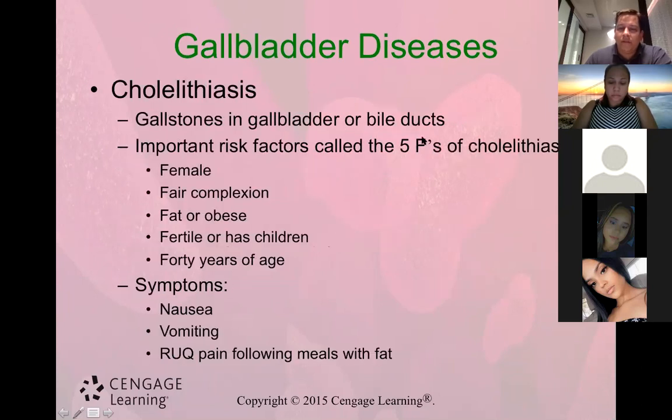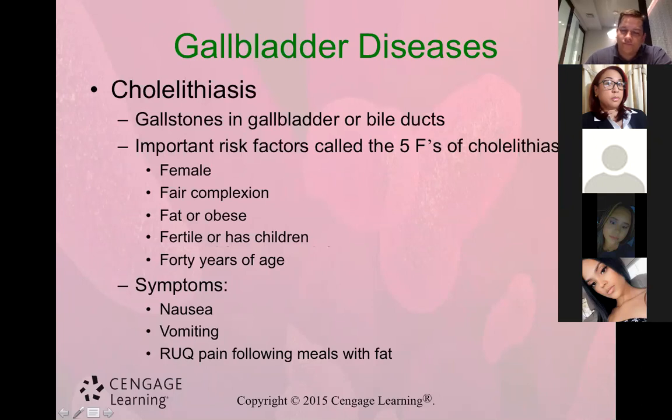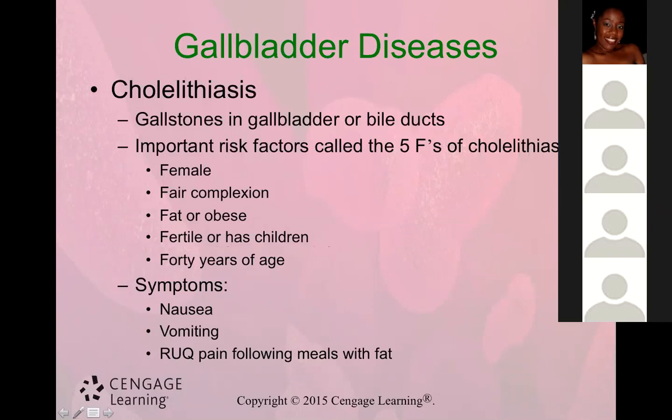Continuing with gallbladder diseases, cholelithiasis. Cholelithiasis is gallstones in the gallbladder or bile ducts. An important risk factor is called the 5F.